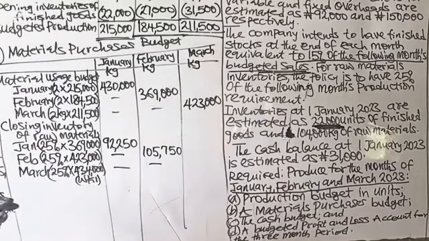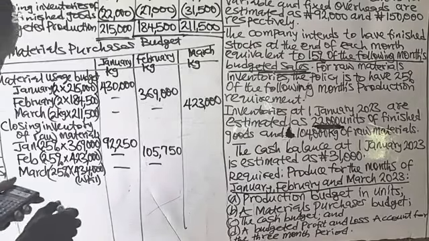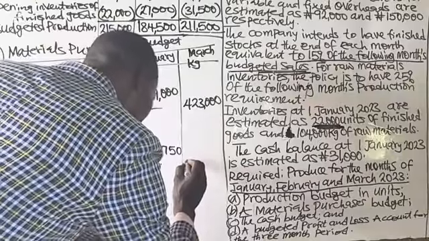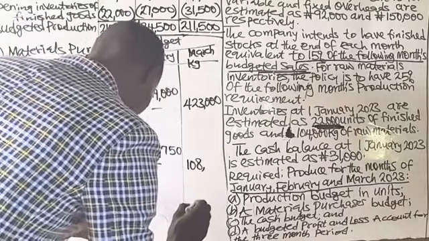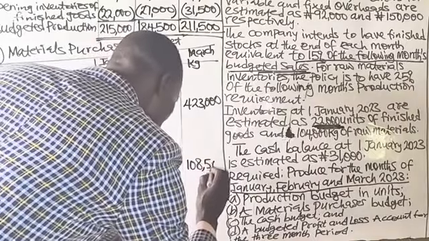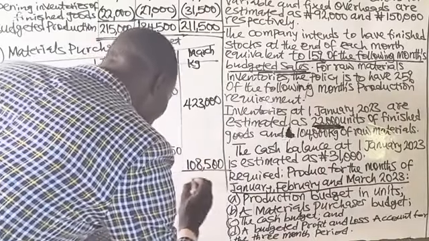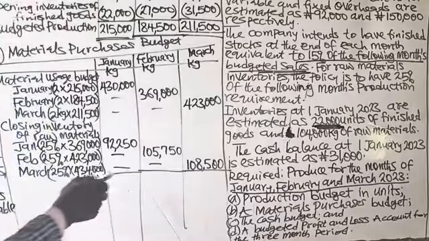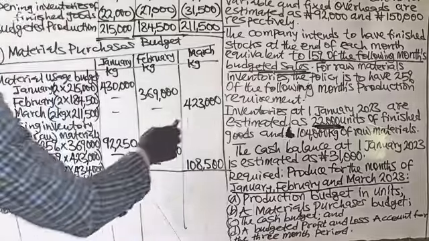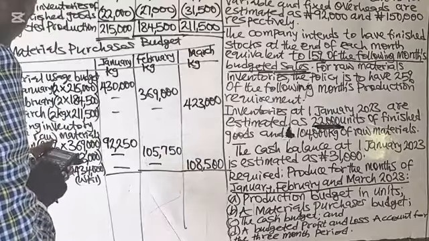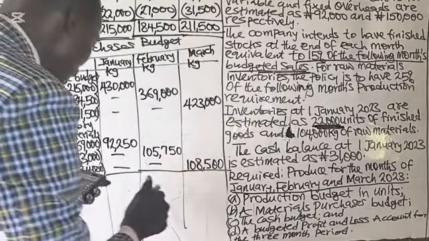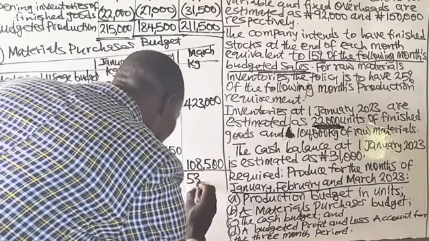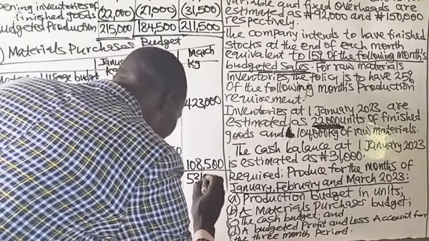So 25% of 434,000 gives us 108,500. That is the closing inventory of raw materials in the month of March. Plus 423,000 kg gives us 531,500.